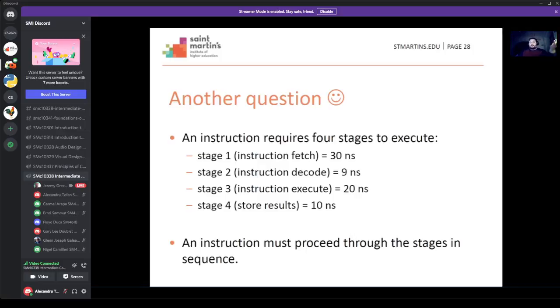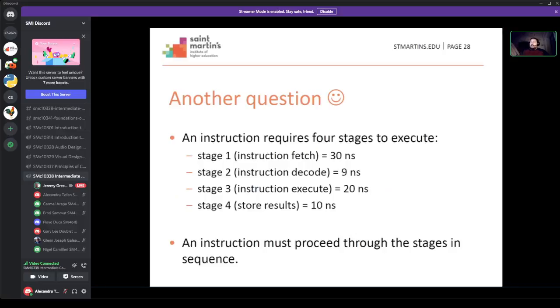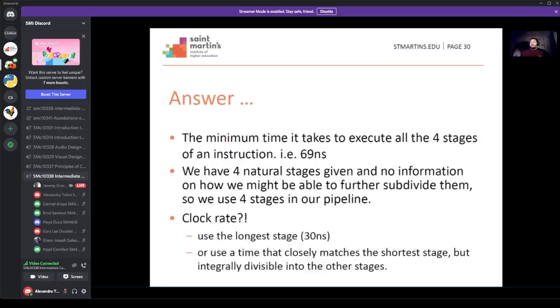In this case, we can come up with maybe an asynchronous time for the completion of a single stage within that pipeline. How do we do that? Well, if we look at this instruction, altogether it's going to take you 69 nanoseconds to complete.